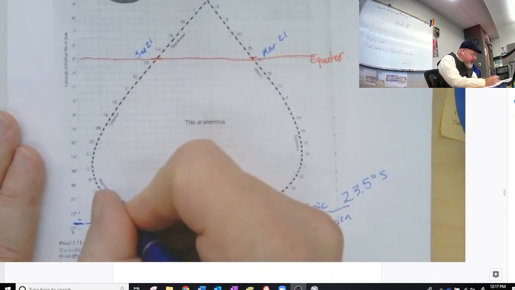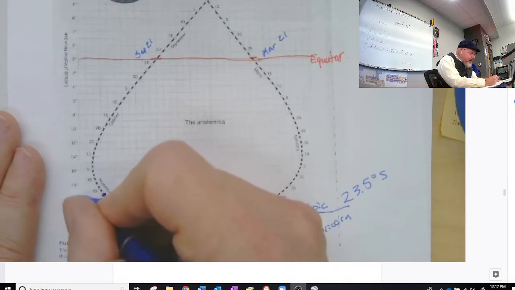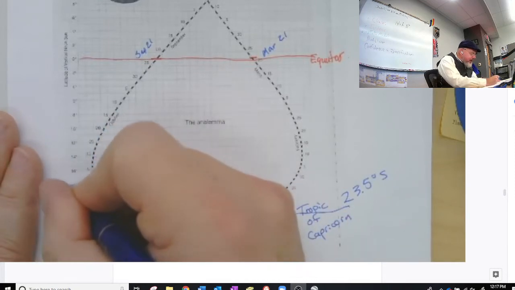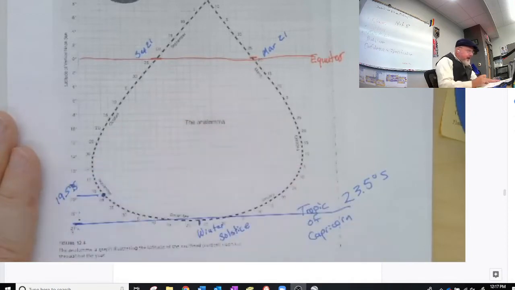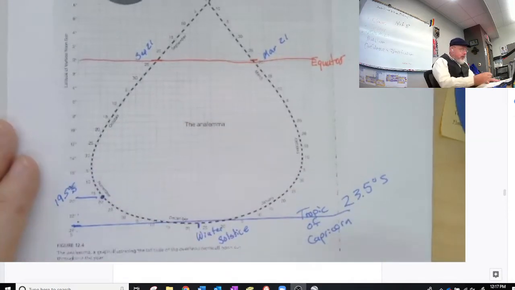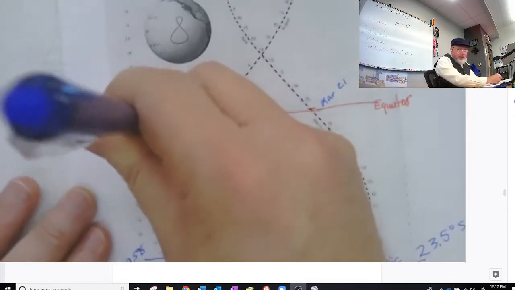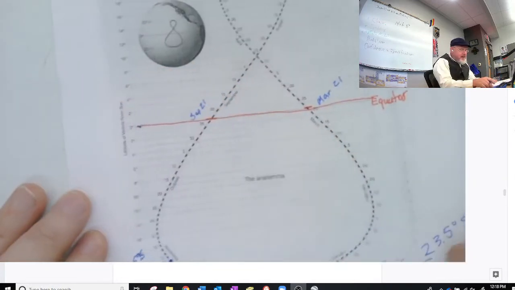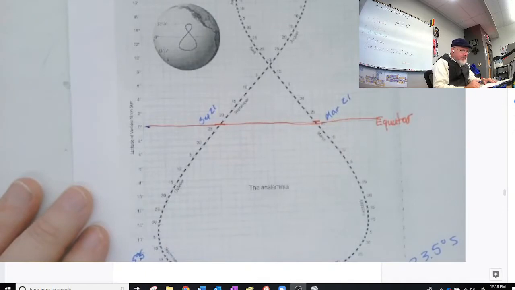That means that the latitude we would have to be at, if we wanted to get the most direct, most intense sunlight today, we would go right here at about 19.5 degrees south latitude. Which means if you're at the equator, you literally have to look south to see the sun at its highest point.